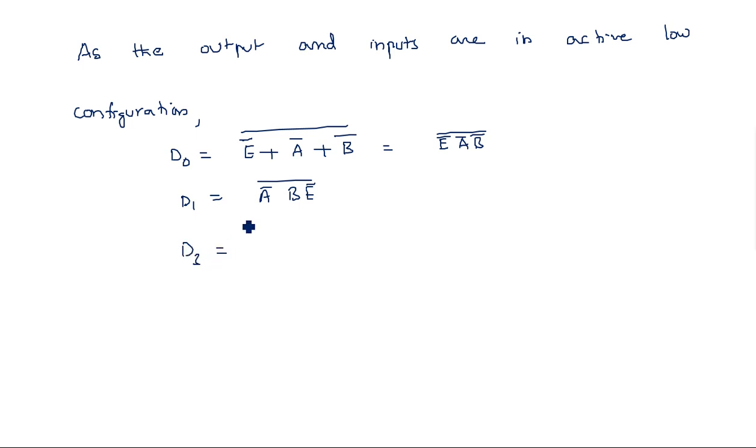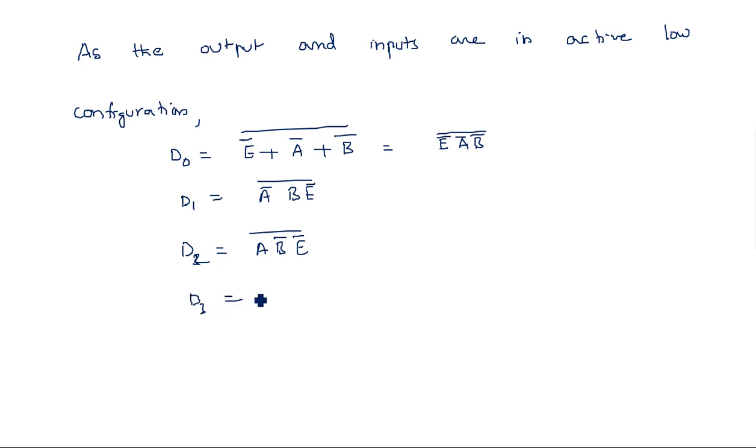D2 is equal to A B bar and E bar. E is always bar only, because it should be activated when the IC is activated, when E is under active low.